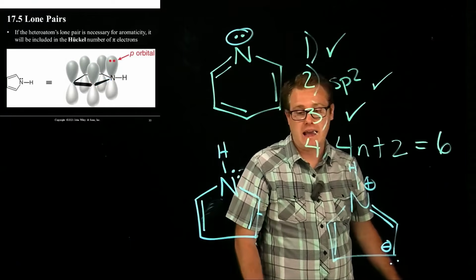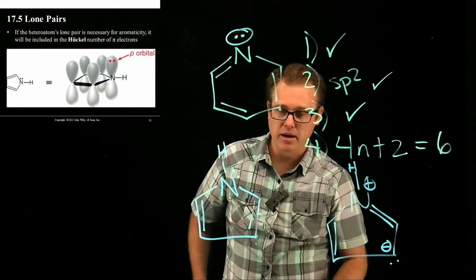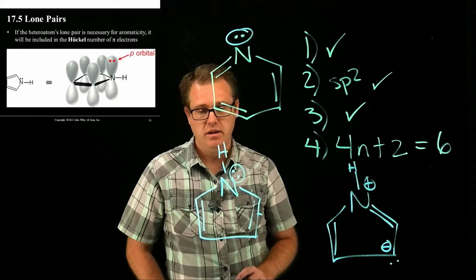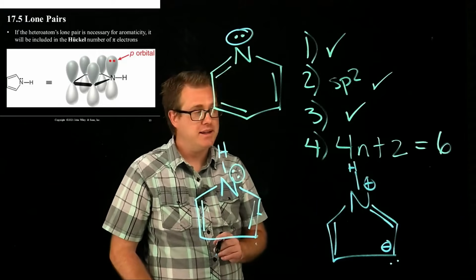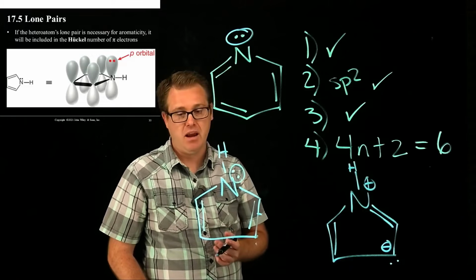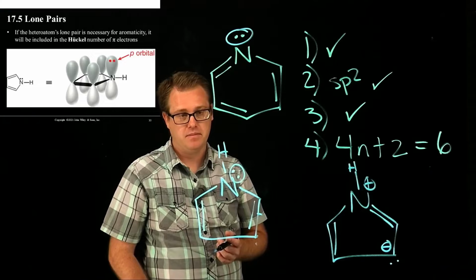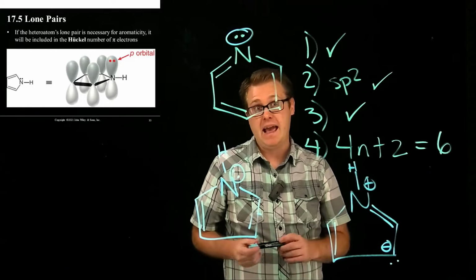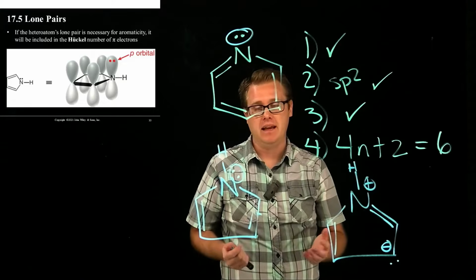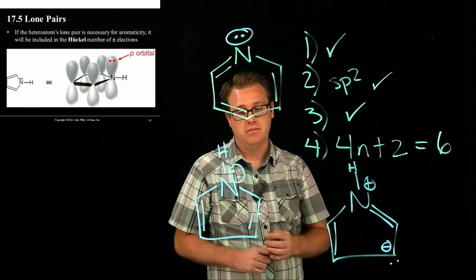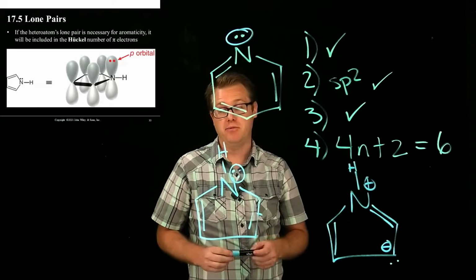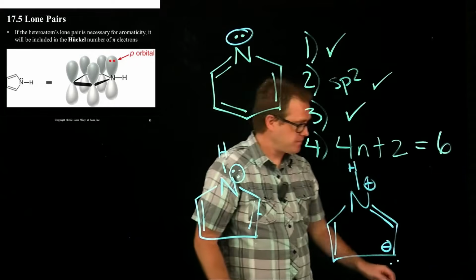And then when you look at pyrrole, you can see that the lone pair right here, shown in red on my slide, is in a p orbital. That's what is happening when you look at the molecule. Where are those lone pairs going to be? What orbitals? Okay.